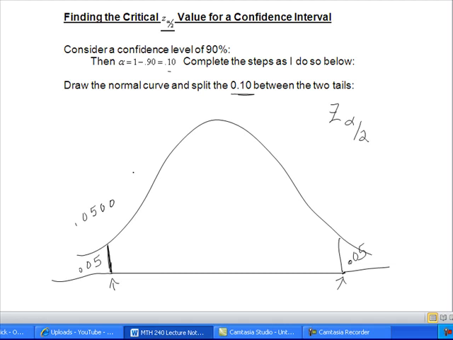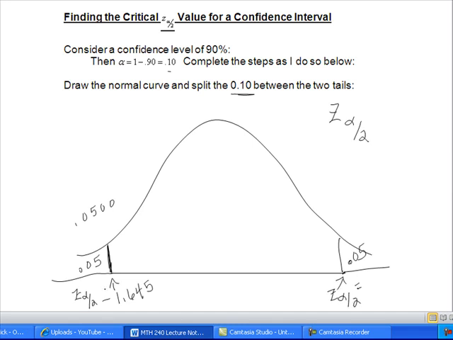But because this is a symmetric graph, that means the positive one will be a positive 1.645. So when we go to use the number in calculations, we use the positive one. Okay?